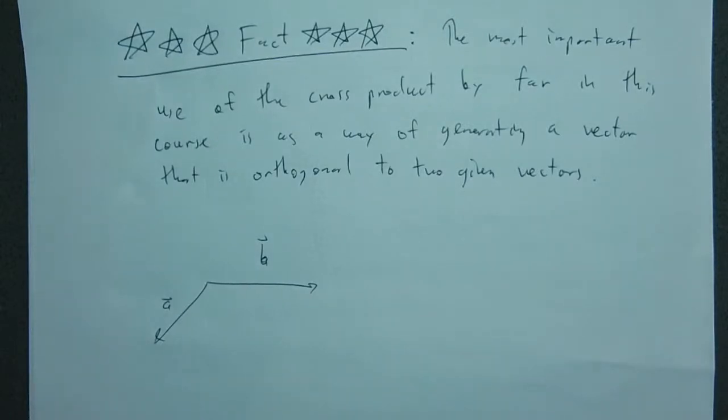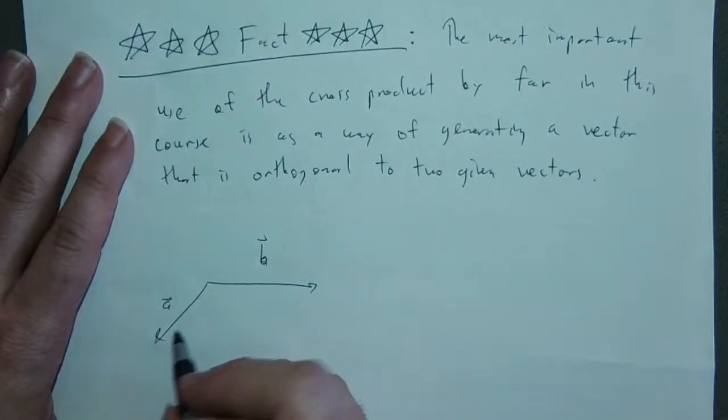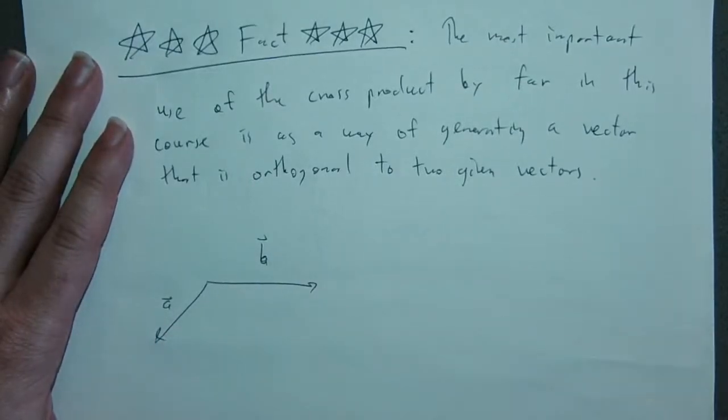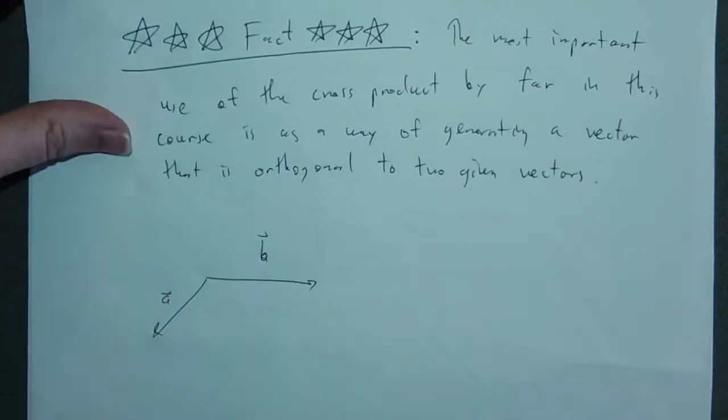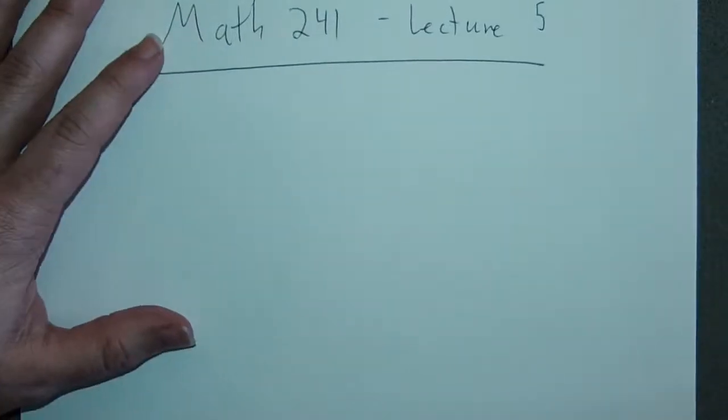I explained the idea as follows: if A and B are both in this plane, that is this paper that I'm writing on, then where is A cross B? Let's make bigger vectors here.